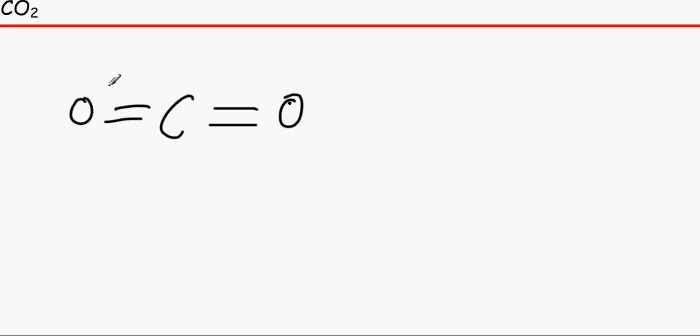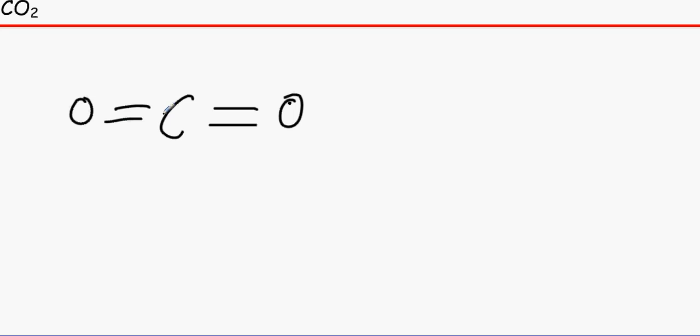So the next one is CO2. So you've got the carbon here, and we've got these double bonds. You do need to know that these are double bonded because carbon has got enough electrons and oxygen has got fewer electrons, should I say.